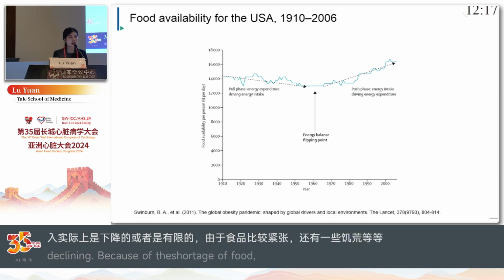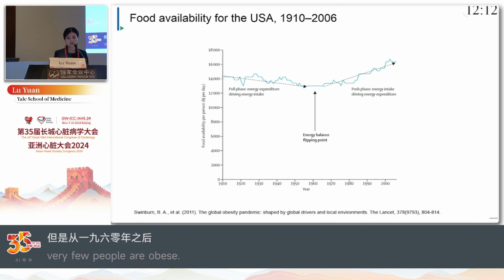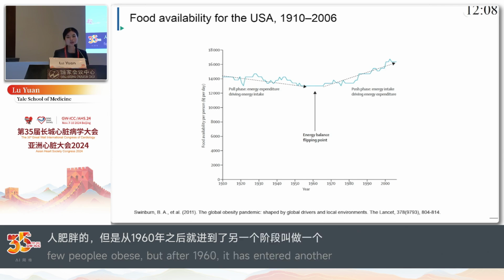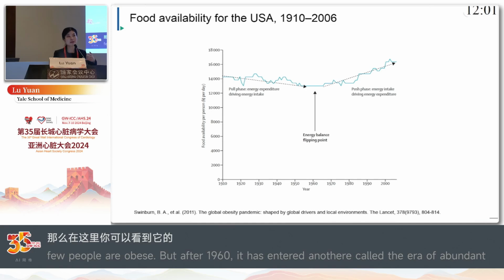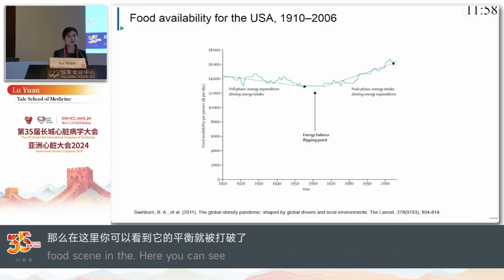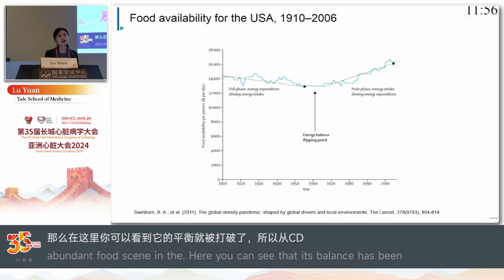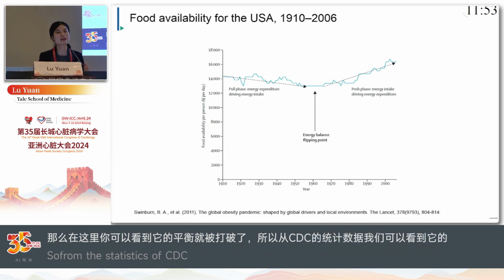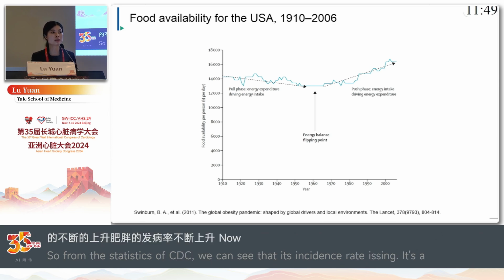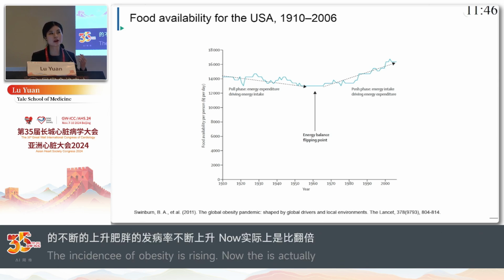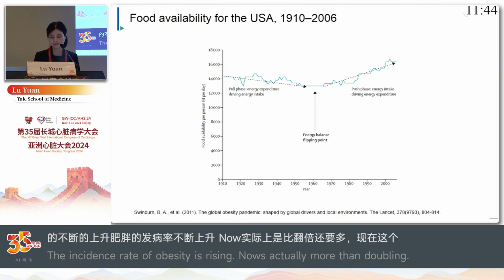But starting from 1960, they're entering into another phase called the push phase. So there's more food leading to more energy intake during the energy expenditure. So as we've seen in the previous slide, the balance changed. Starting from the CDC statistics, we see the prevalence of obesity starting from 1960 in the US continuously increased, more than doubled. Now the prevalence of obesity is more than double in the US compared to 40 or 50 years ago.